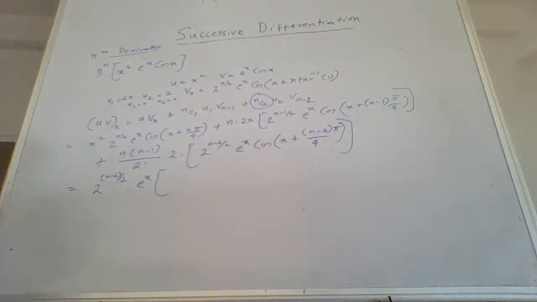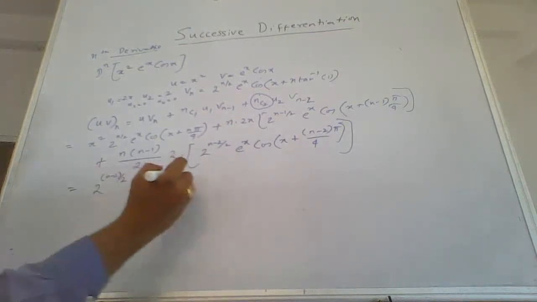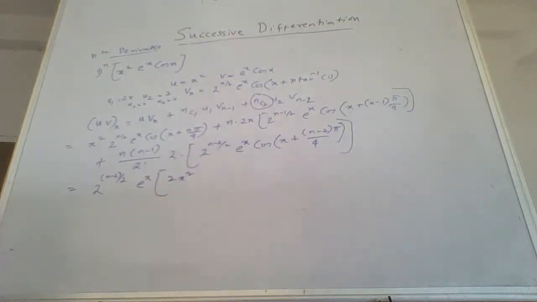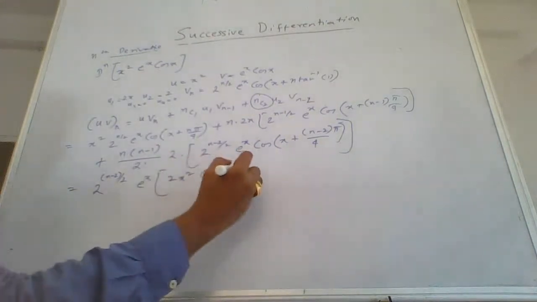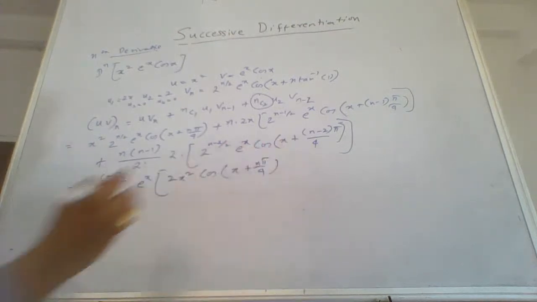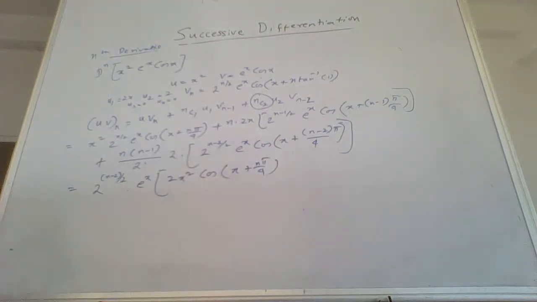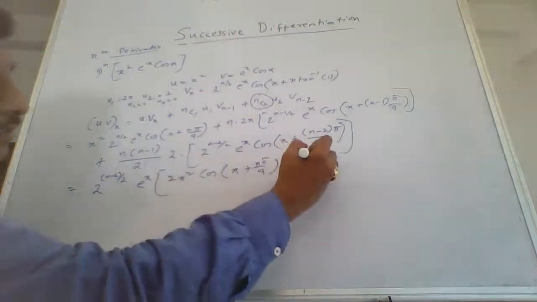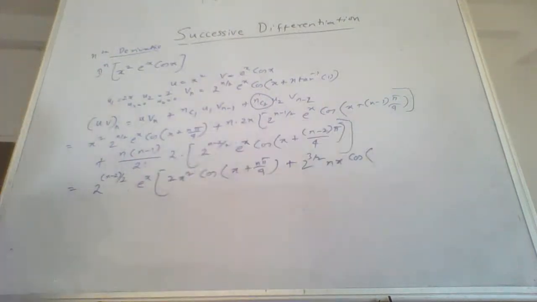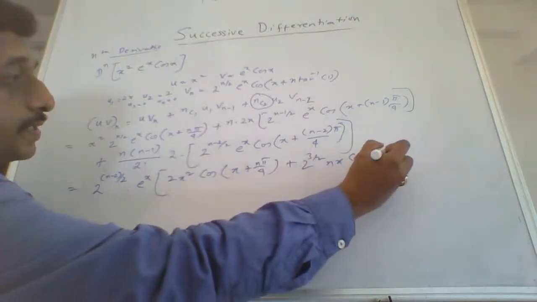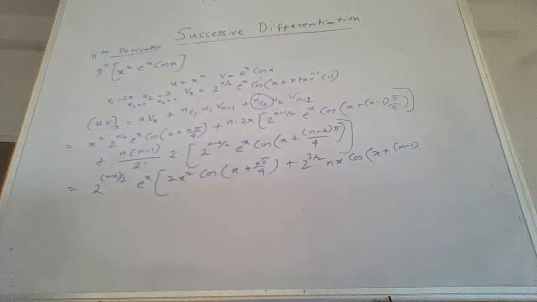So this will be 2x square cos of x plus n pi by 4, and plus, if I simplify further, I get 2 to the power of 3 by 2 into nx cos of x plus n minus 1 pi by 4.